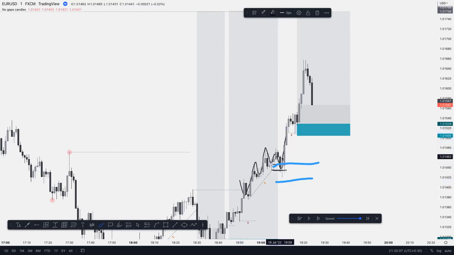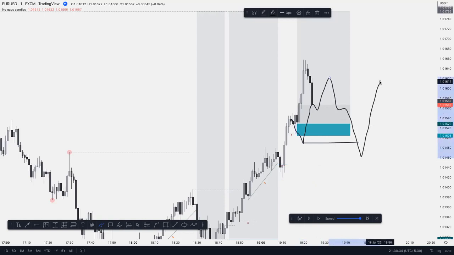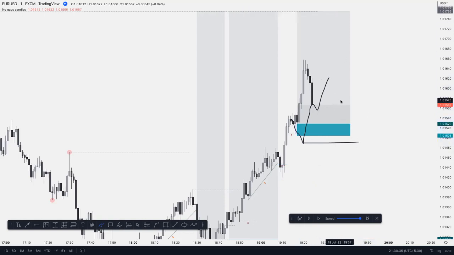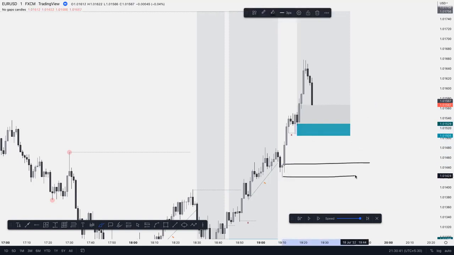And this is an internal structure. So we can use this move also, but look at this point here. The market swept this liquidity here, which is an indication that the market doesn't want to go lower. If the market takes a normal pullback and goes higher, and this acts like an inducement, then we can continue to buy.